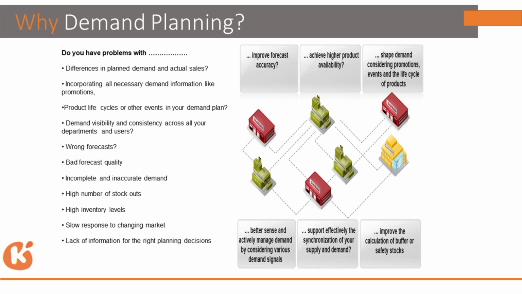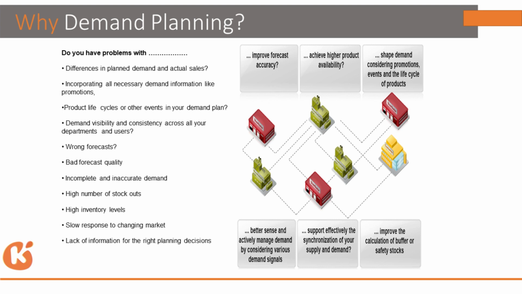In demand planning tools, SAP APO is the advanced one. Compared to Excel or other legacy tools, this is the best one. It will improve the forecast accuracy and achieve high product availability, so it meets all those needs.